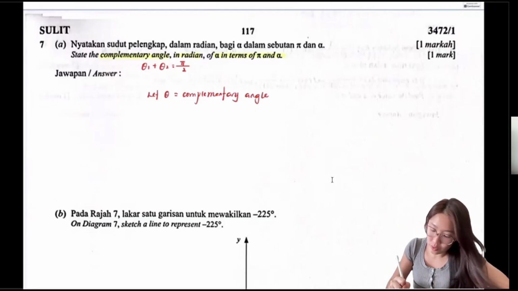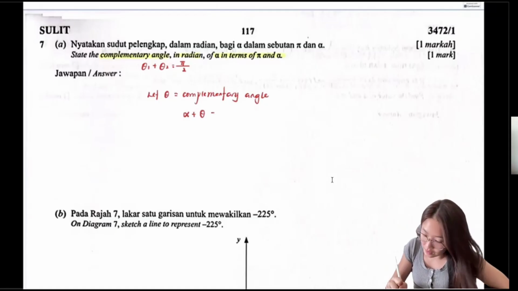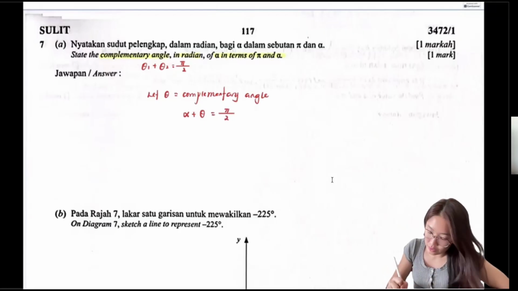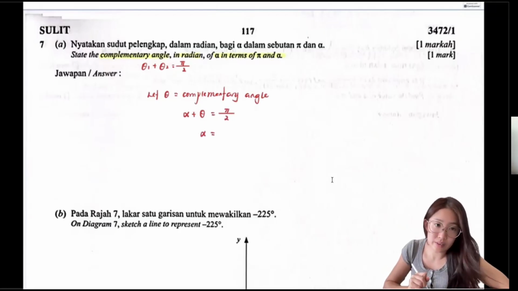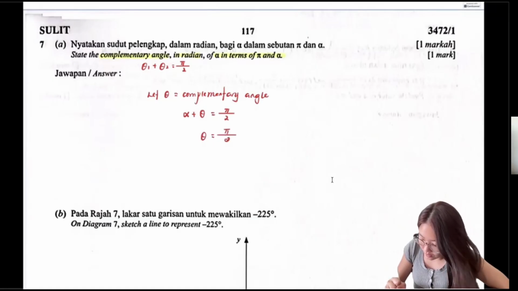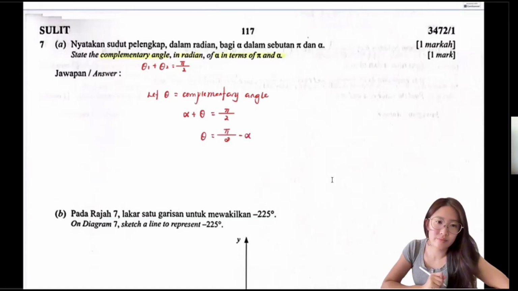So alpha plus the complementary angle equals 90 degrees. 90 degrees is pi over 2, correct? They say state the complementary angle, so theta stays here, and then alpha moves back. That's it. This is your answer, 1 mark.